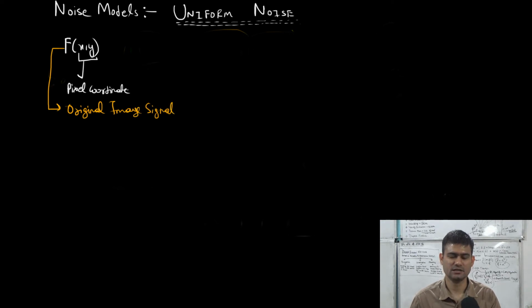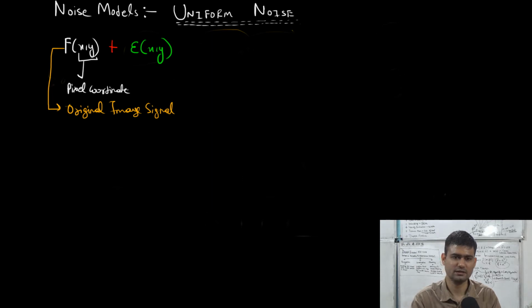And it is corrupted by some additive noise. So additive noises are the kind of noises that just add upon the original pixel values. So this is a small noise, epsilon, at location x comma y. We are assuming that this noise is additive, and furthermore, as we had discussed earlier, we are going to only discuss noises that are spatially independent, that is, they do not depend on the pixel value, and also they do not depend on the values of pixels in the neighborhood of a pixel x comma y.